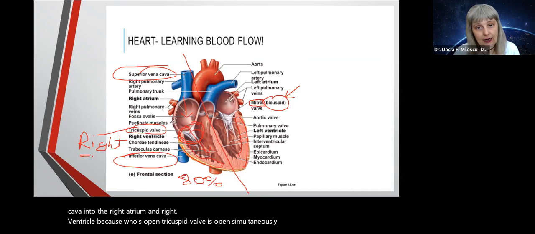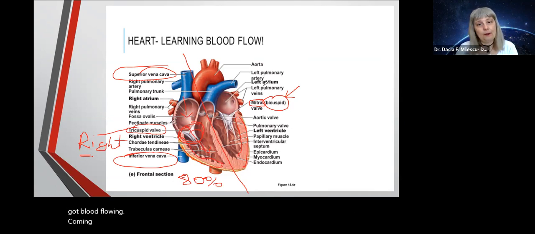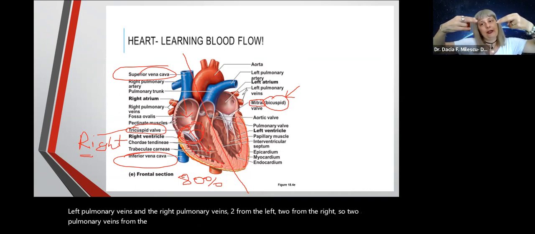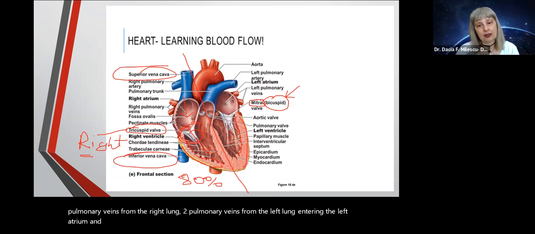Simultaneously, at the same time, we've got blood coming from the left pulmonary veins and the right pulmonary veins, 2 from the left, 2 from the right. So 2 pulmonary veins from the right lung, 2 pulmonary veins from the left lung entering the left atrium, and that oxygenated blood flows into the left ventricle.